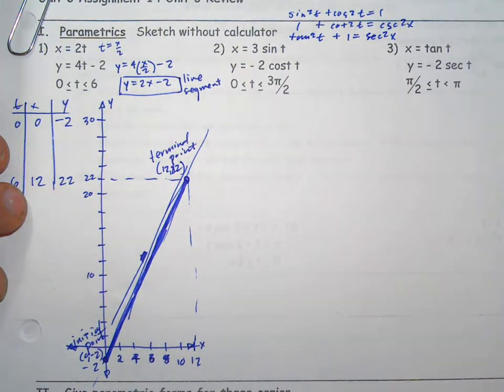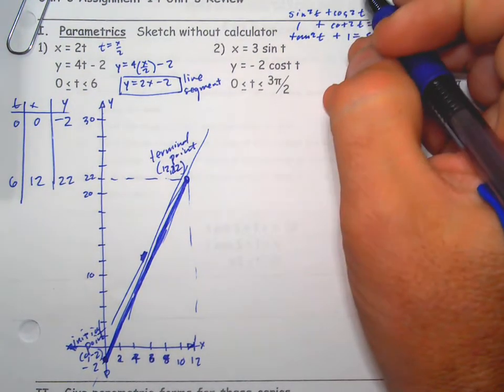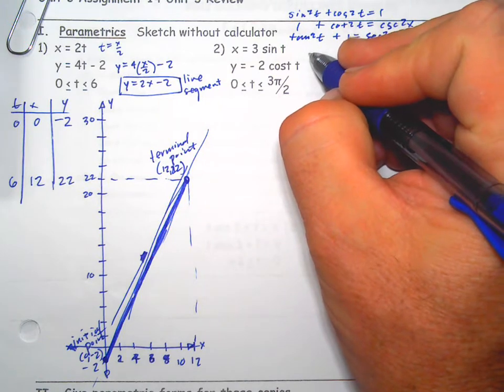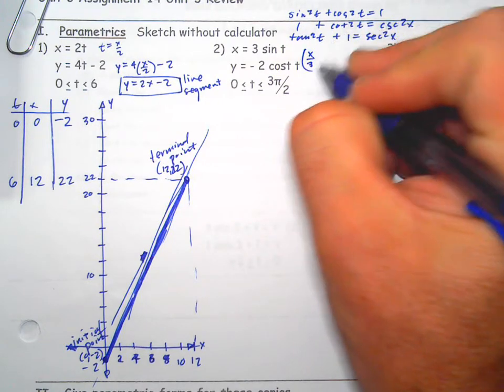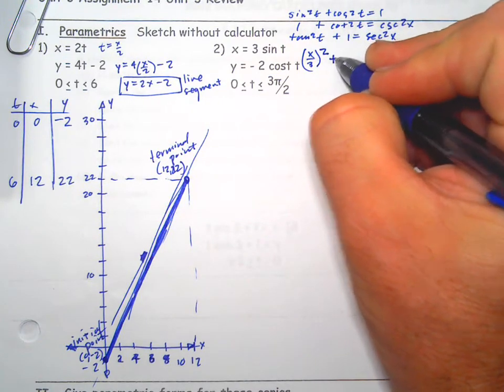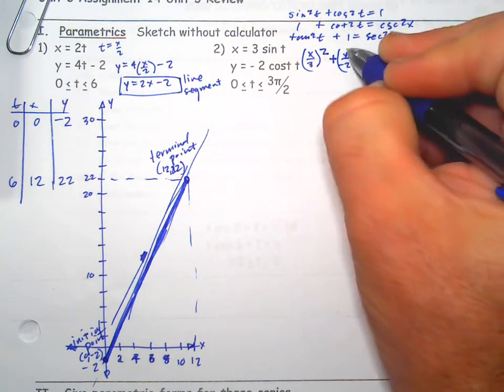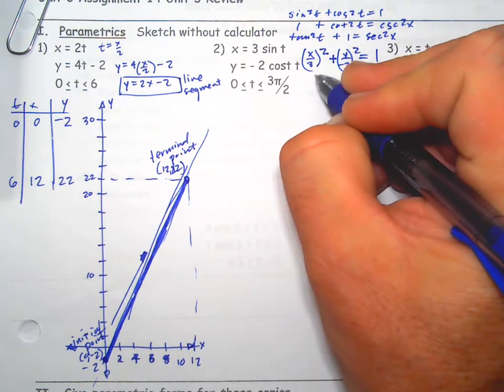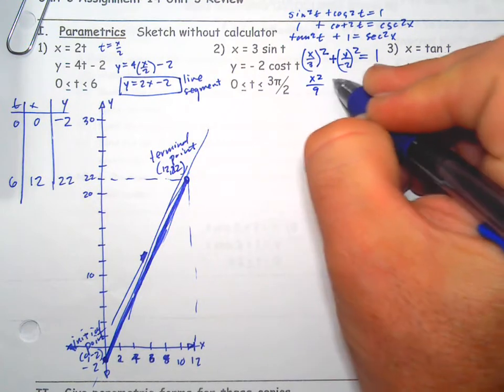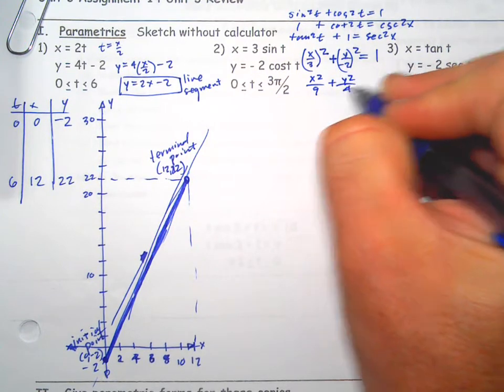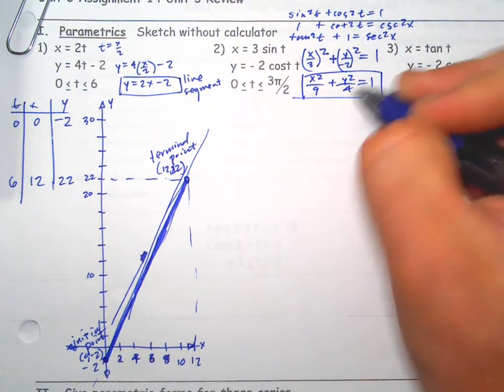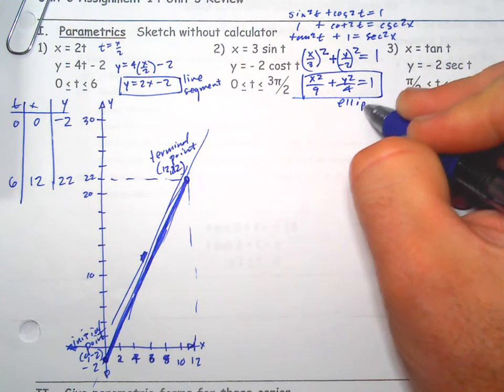So for this one, we use the sine squared one. So sine is x over 3 squared. Cosine is y over -2 squared equals 1. So it's going to be x squared over 9 plus y squared over 4 equals 1. That's a Cartesian equation. It's an ellipse.